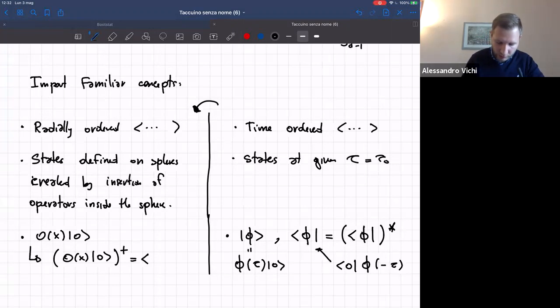So this object is going to be O inverted. I will tell you tomorrow what inverted means.